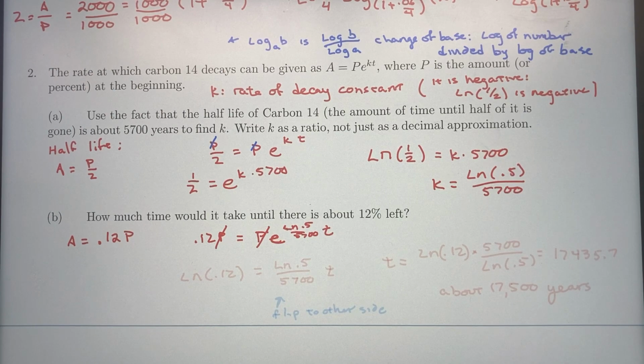Make it not look like multiplication. Okay, we un-e again. Remember, this is k, because it's kt. And get rid of a fraction by flipping it.